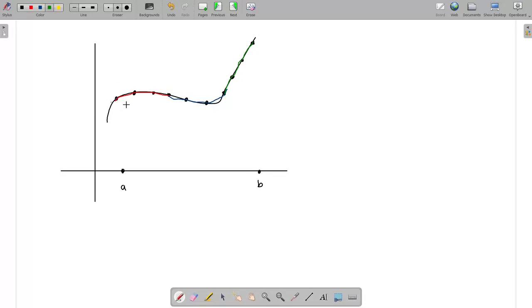Now, as we know, polynomials are very easy to integrate. So we could compute the integral under these polynomials. Put the integral under each of these polynomials.